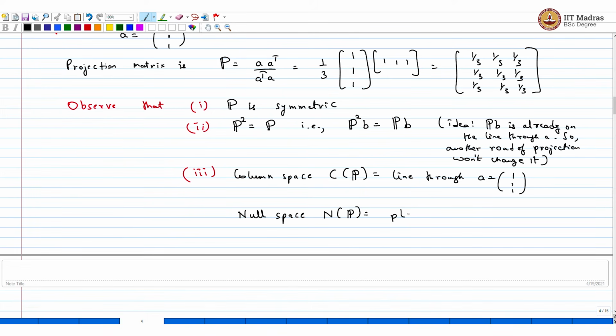This is nothing but the plane orthogonal to A. And what is the rank? Rank of P equals 1.